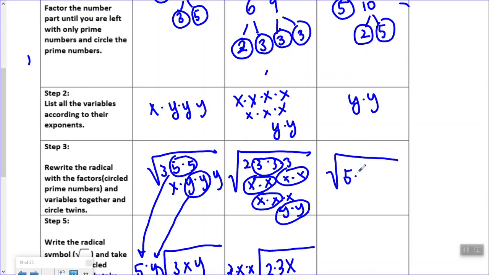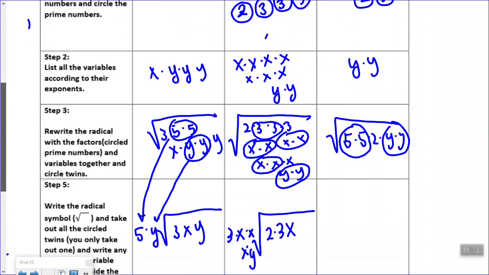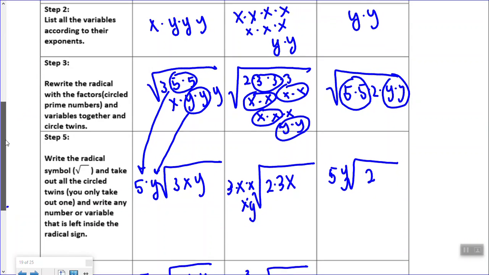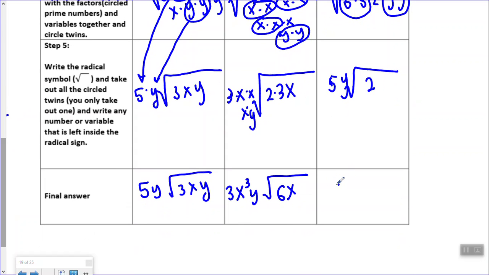So 5 times 5 times 2 times y times y, circle the twins, and all the twins come outside of the radical symbol. So 5 comes out, y comes out, 2 stays inside, and then you do not need to simplify anything, so your answer is 5y square root of 2.